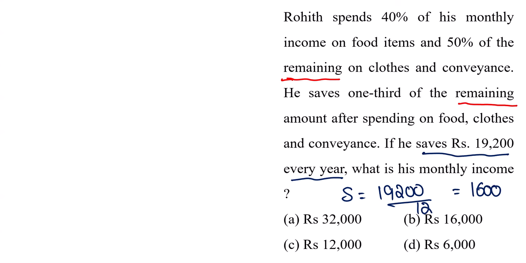Now you just see this question, how can we handle it? Always I'll suggest you people to go with a value. I don't know what Rohit's monthly income is. Let us assume Rohit's monthly income is this; all options are in 1000s. I'm assuming 1000 is Rohit's monthly income.